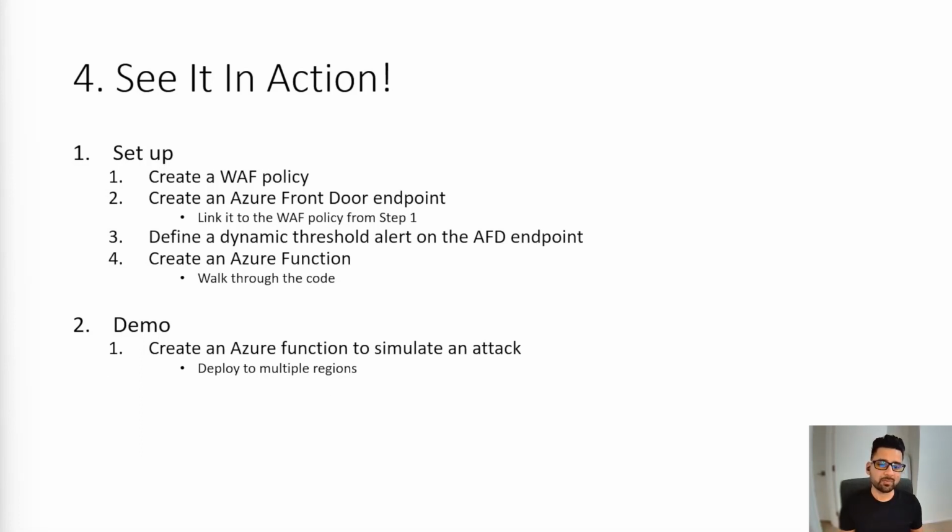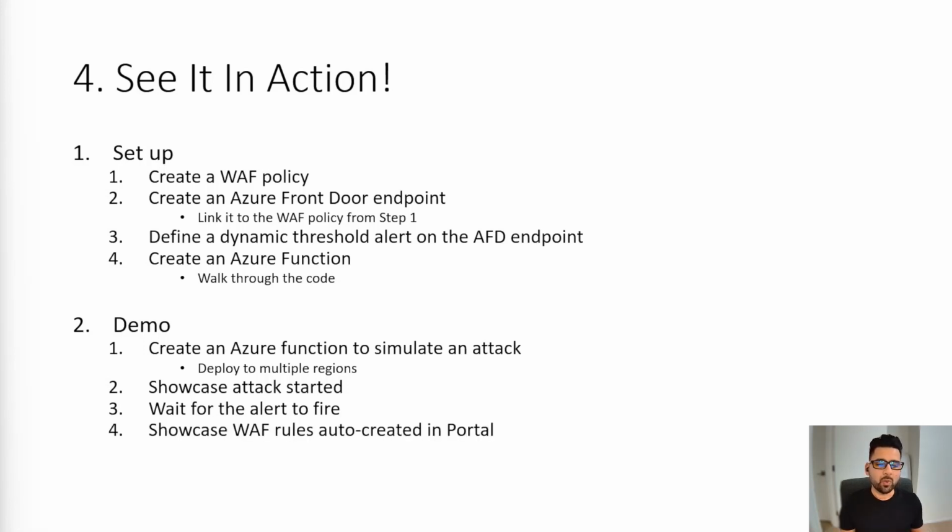Once we see a spike in the count, we'll wait for a few minutes for the alert to fire. It should typically fire within 5 to 10 minutes of the spike starting. Once the alert is fired, we'll showcase that the WAF rate limit rules got auto-created in the portal. Once we see those getting created, we'll then wait for the attack to be auto-mitigated.